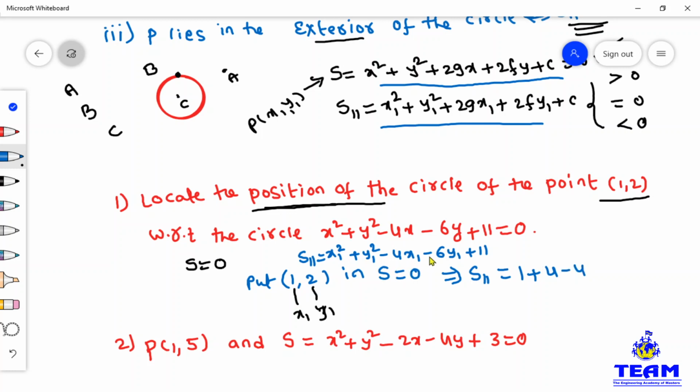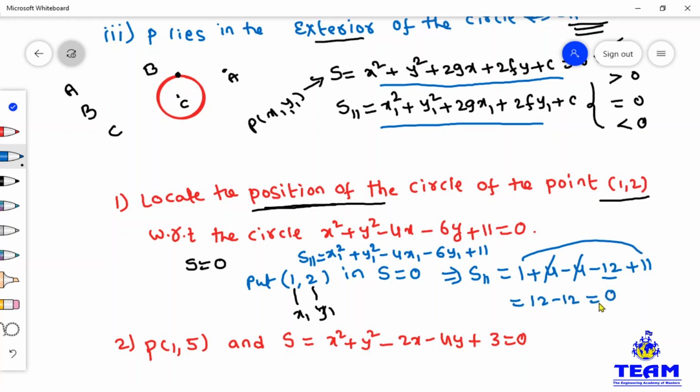Next, minus 6y1, 6 into 2 is minus 12, and the constant is 11. Now you simplify: plus 4 minus 4 gets cancelled, and here you have minus 12, and 1 plus 11 is 12. 12 minus 12.